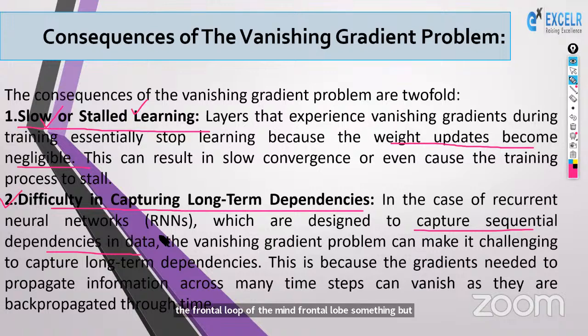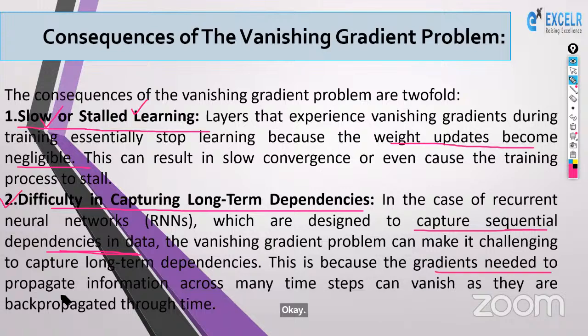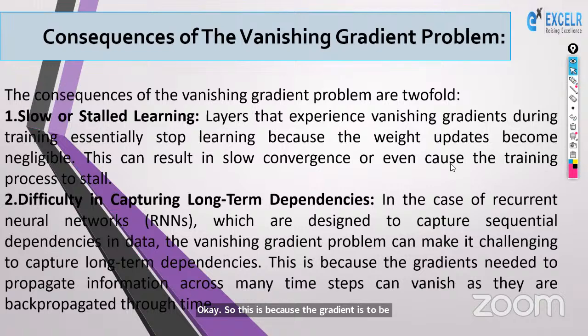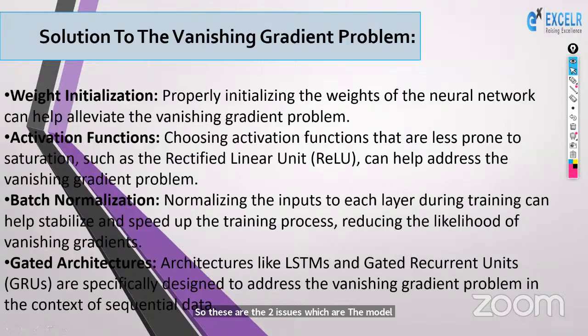So if your weights are not being adjusted, it has an issue capturing the short-term information, which is the sequential dependencies in the data, because the gradient needs to be propagated through many time steps. So these are the two issues the model will face if there is a vanishing gradient problem.